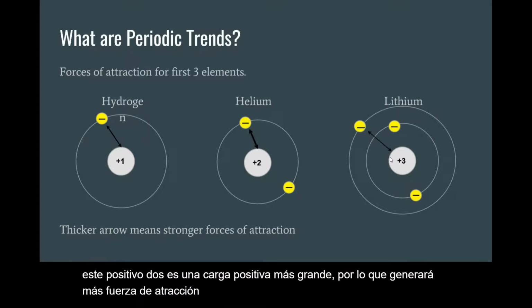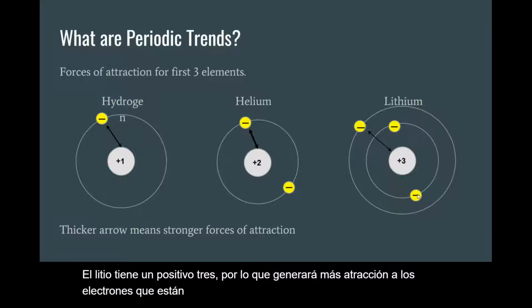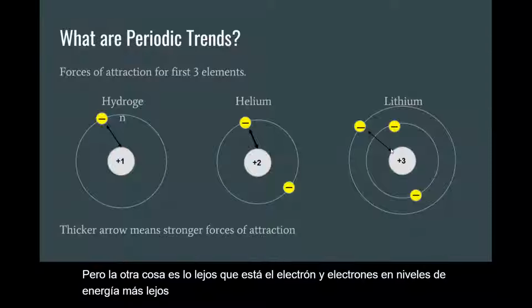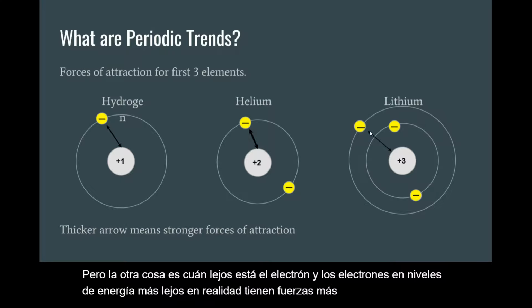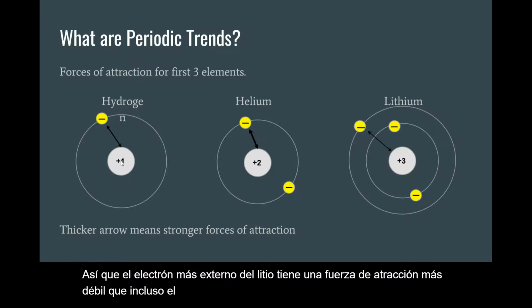Now, lithium has a positive 3, so it will generate more attraction to electrons that are in the first energy level. But the other thing is how far away the electron is, and electrons in energy levels further away actually have weaker forces of attraction. So lithium's outermost electron has a weaker force of attraction than even hydrogen with only its plus 1.